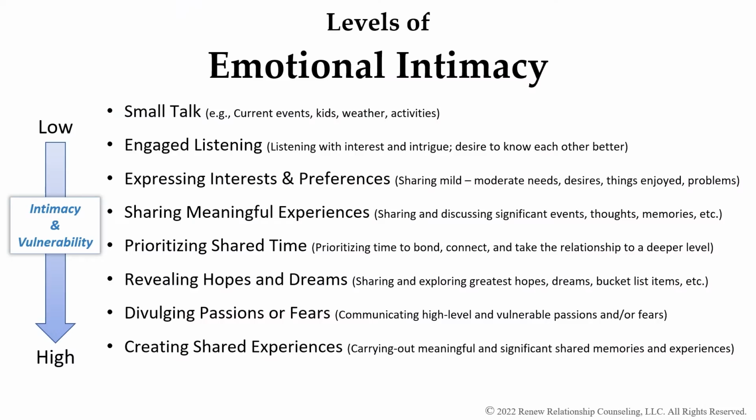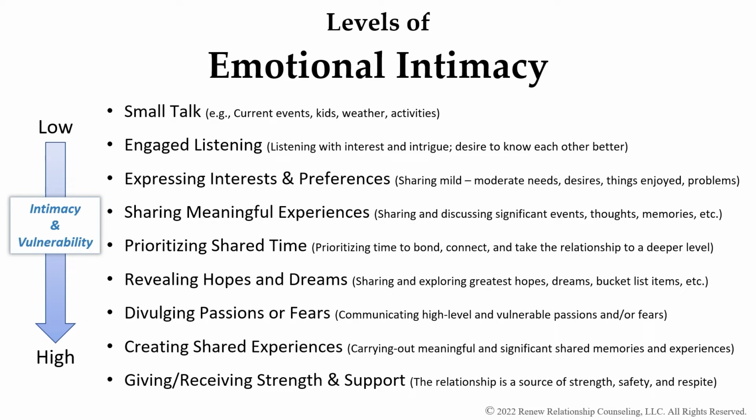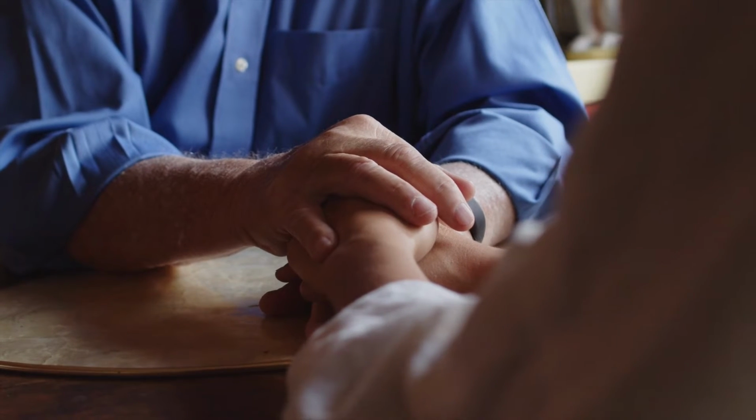The final level of emotional intimacy, the level that has the highest potential for building strong emotional connection in the relationship, is giving and receiving strength and support. So when you think about in your life, those people that you would turn to in your moment of need, right? If you found out you were diagnosed with a chronic illness and you only had 6 months to live, you start to think about, who would I tell?